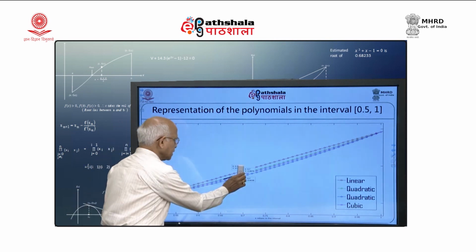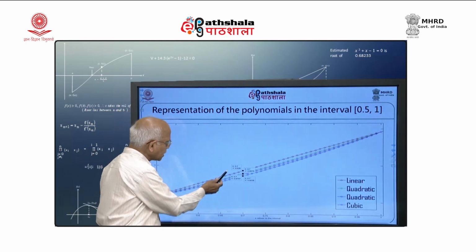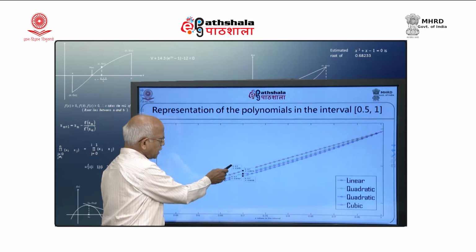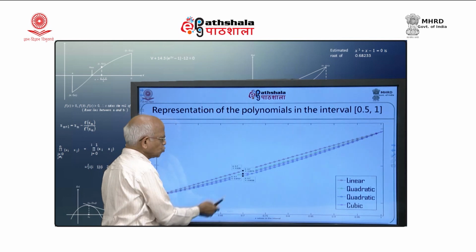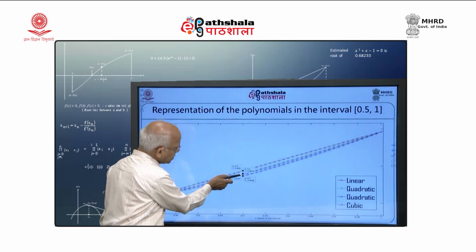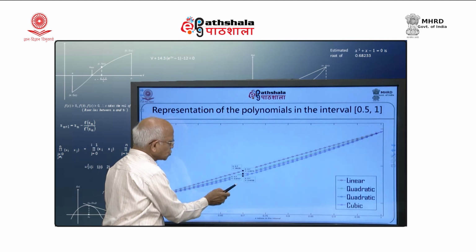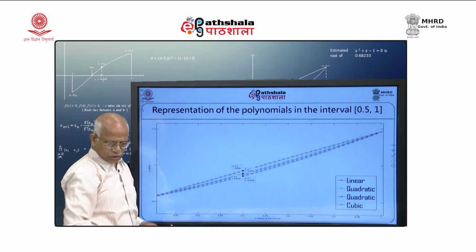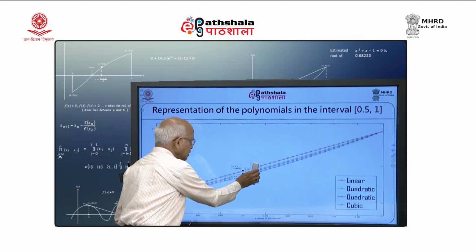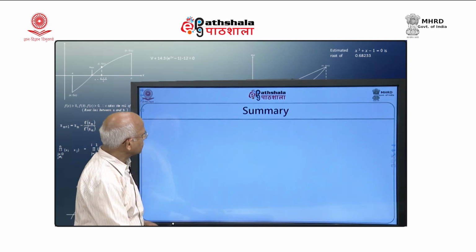That is how I will be getting various values, and here I have written down the values at x equal to 0.7, the values of y according to these 4 different polynomials, indicated by these points. On linear it will be 0.926, on quadratic it will be this, and on cubic it will be this. That is how we can get all the desired computations, shown on this graph.